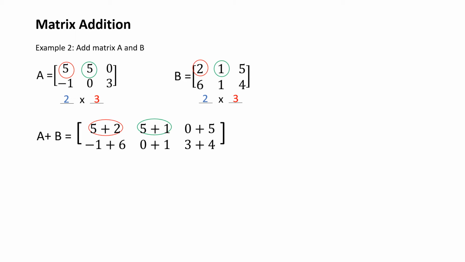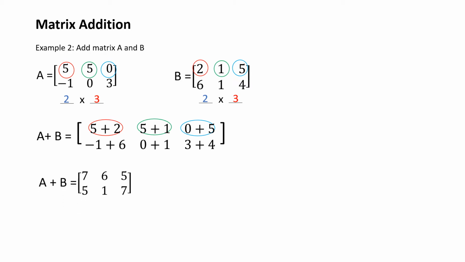In row 1 and column 3, for matrix A, we have a value of 0 and a value of 5 in matrix B. Therefore, the entry in matrix A plus B in row 1 and column 3 is equal to 0 plus 5. And we can use the same process for row 2 and column 1, 2, and 3.